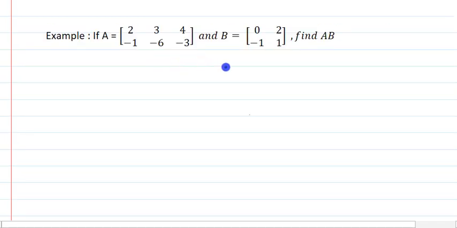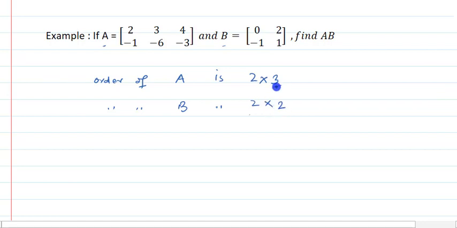Let us take one example to understand multiplication. Here we need to find out AB. So first of all, as we find that multiplication is possible only when the number of columns of the first matrix is equal to the number of rows of the second matrix, here let us write the order of matrix A is clearly 2 by 3 and the order of matrix B is 2 by 2.